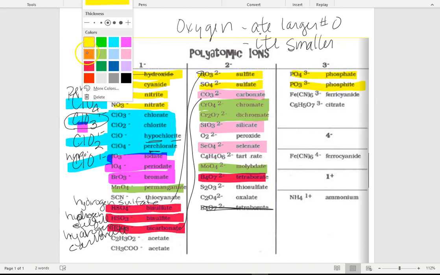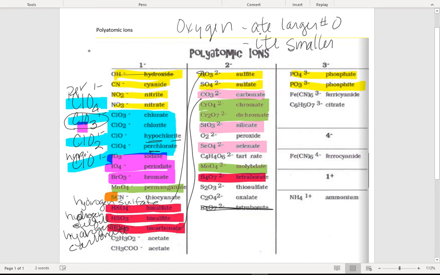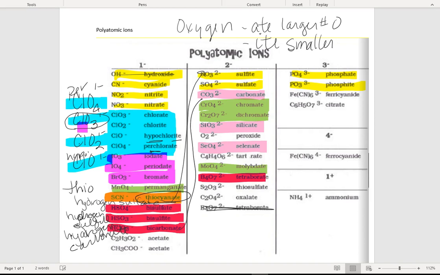I'll pick a color we haven't used. SCN. We know that CN is cyanide. SCN, when we put a sulfur in front, we get the prefix thio. Why is it not thiocyanide? I don't know, but for whatever reason, this breaks the oxygen rule. This is the only non-oxygen that gets an ate at the end of it. I don't know why.